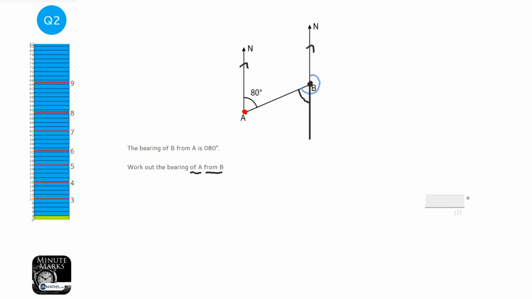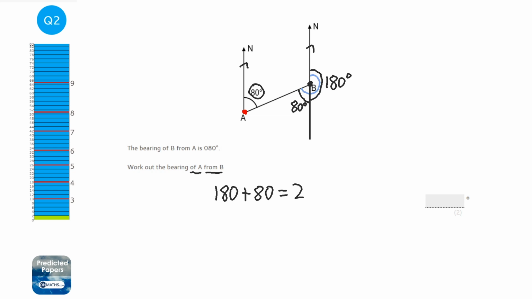This angle here will be the same as this angle here because they're Z angles or alternate angles. So that's also going to be 80. We know this one is a straight line, so this is going to be 180 degrees. So all we need to do to work out the bearing is 180 plus 80. When you add them together, you get 260. So the bearing is going to be 260.